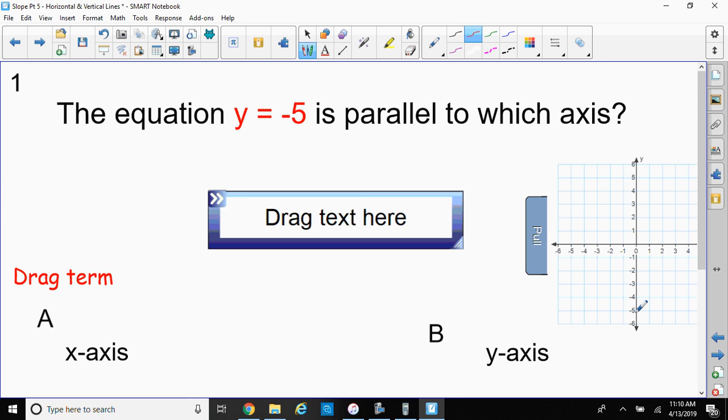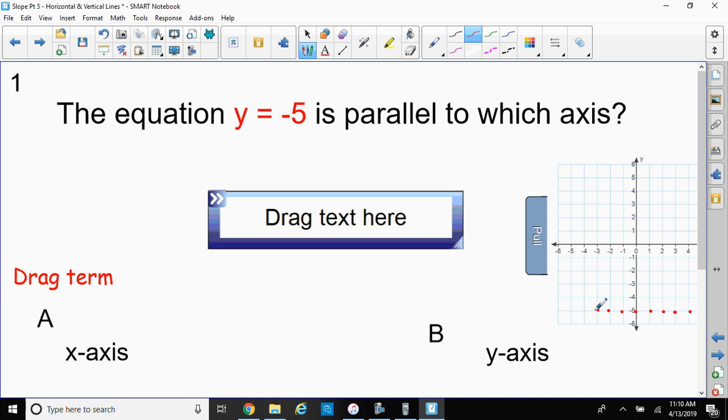So here's a value which would be 0, -5. Here would be a value of 1, -5. Here would be a value of 2, -5. 3, -5. 4, -5. Hopefully you see where I'm going with this. I'll go to the left side. -1, -5. So y is always equal to -5.